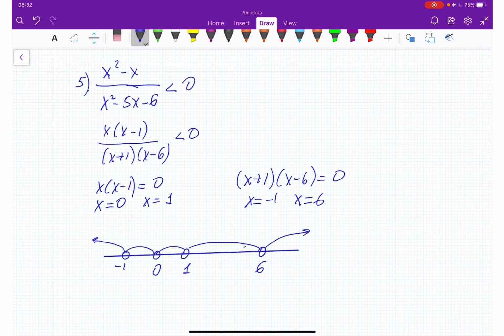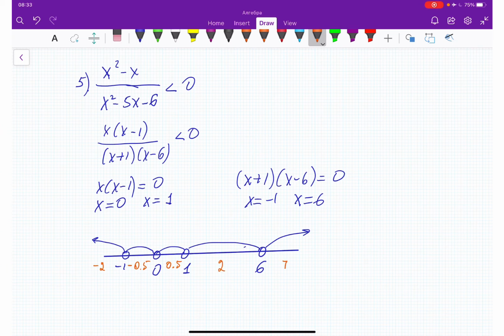So let's say I am taking -2 on this side, -0.5 here, +0.5 here, 2 here, and we can take 7 or 8.